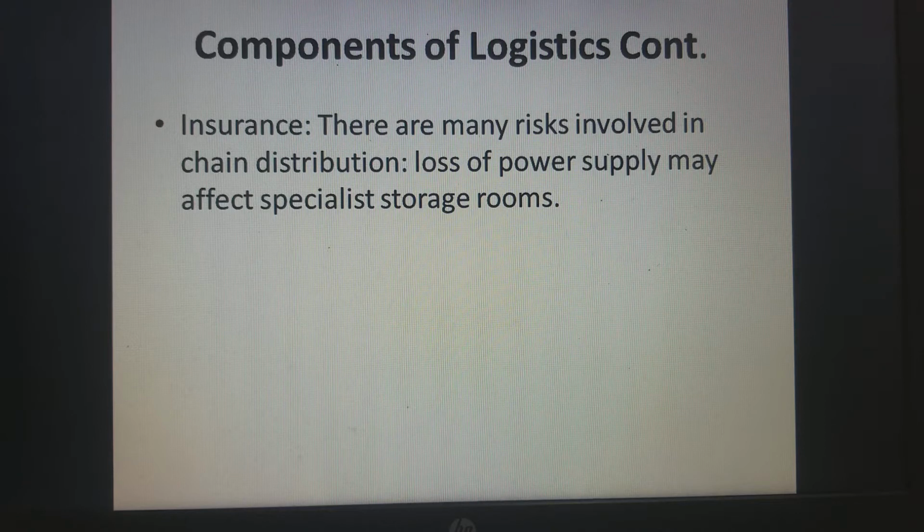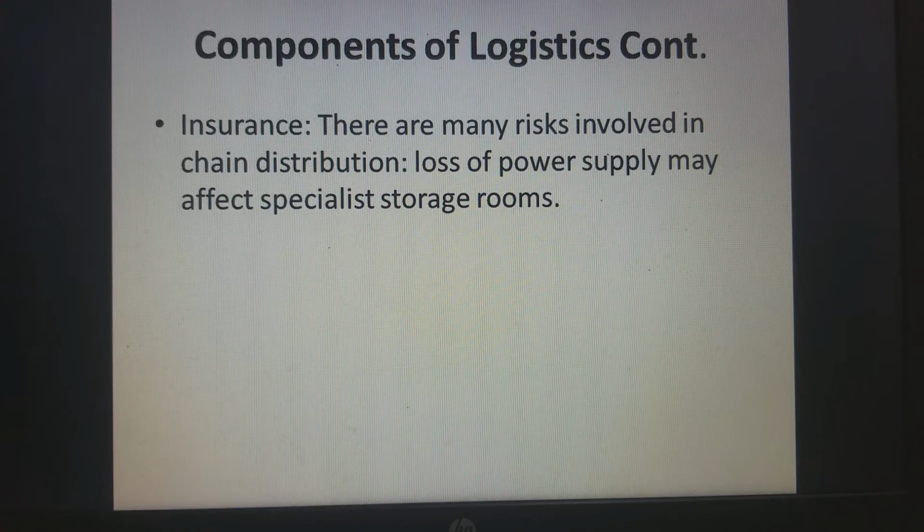So specialized storage is taking place with your coolers to keep the products to last longer, to give them a longer shelf life, a longer existence. So if there is a power supply loss, then these specialized goods will be spoiled.